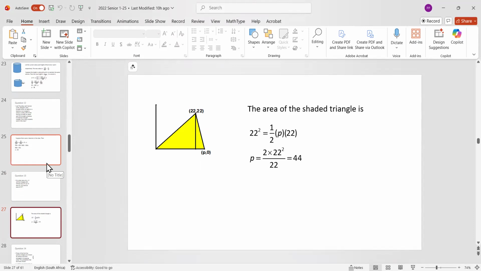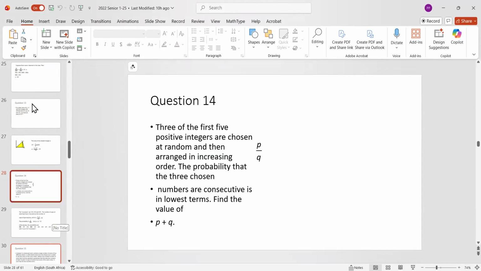All right. So the next problem will be question 14. They say 3 of the first 5 positive integers are chosen at random.